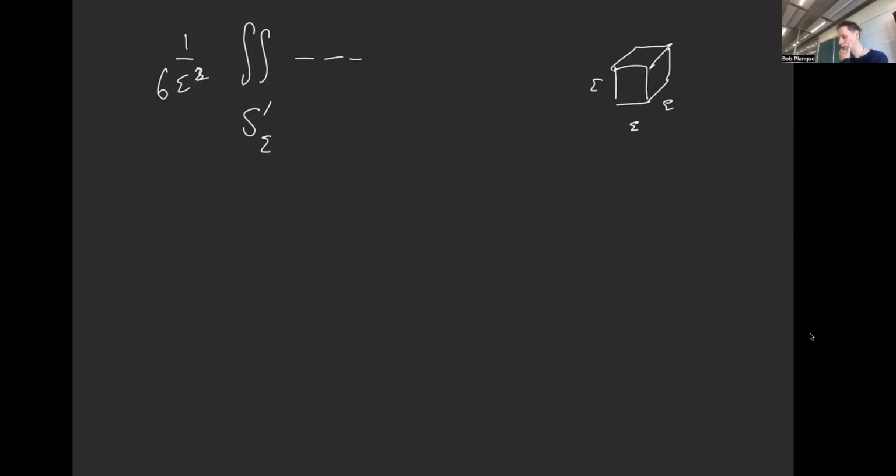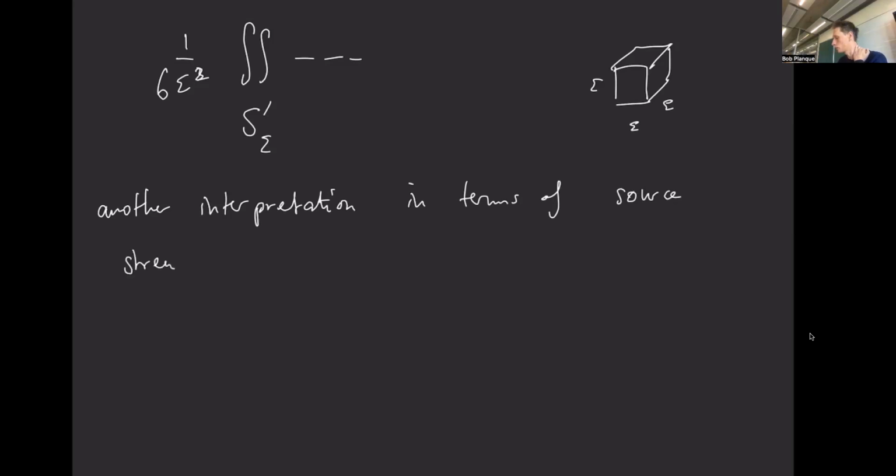If you read this, we'll actually see that there's another interpretation. Not so much in terms of flux over a boundary, but in terms of a source strength.